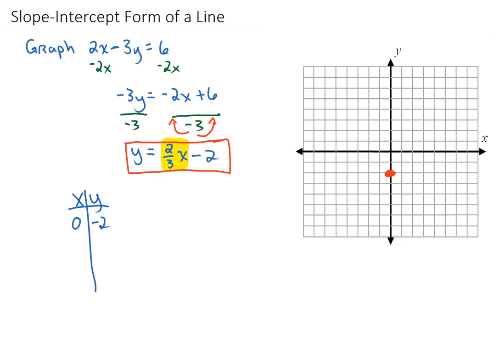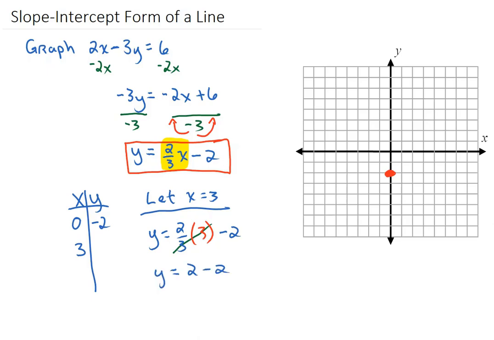A wise choice would be to choose an x of 3, because that 3 will cancel with the denominator. So when we plug that in, the 3's cancel, leaving us with just 2. And so we have y equals 2 minus 2, or y equals 0. So our ordered pair is 3, 0. We can go ahead and plot that there.